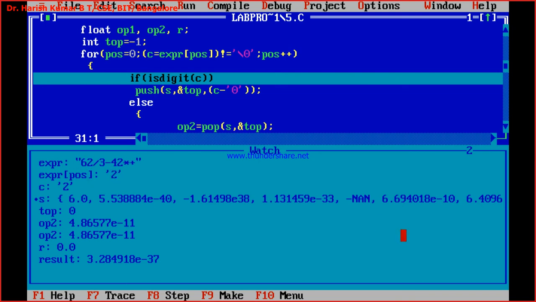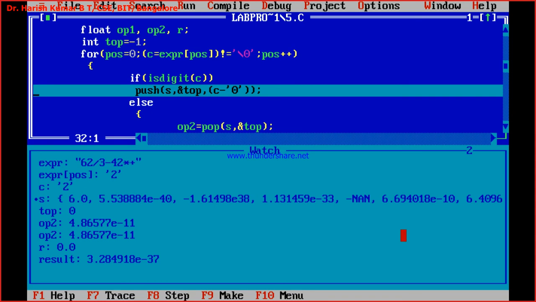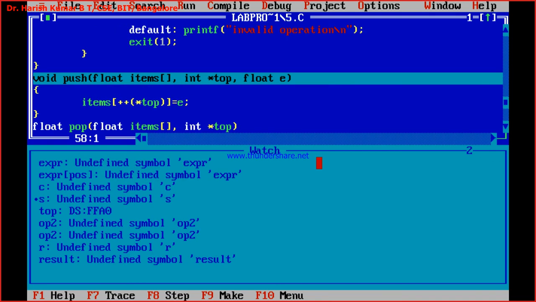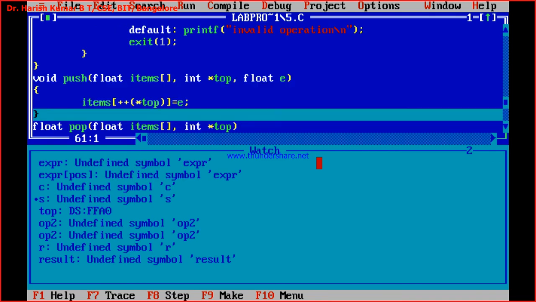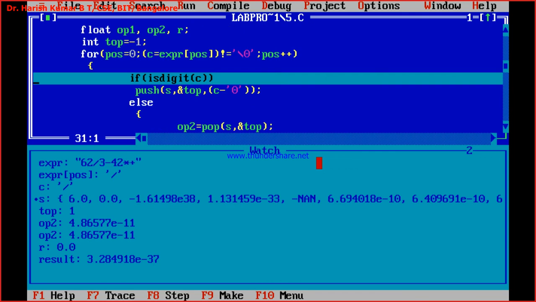Is it a digit? Yes, it's a digit. And again, 50 minus 48. Okay, you're pushing it onto the stack. It is 2.0. So 2 point... So it has pushed 0.